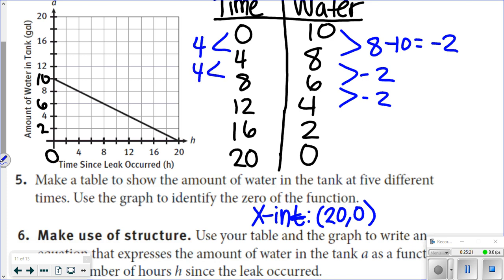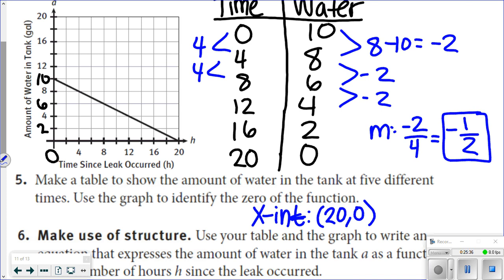So my slope here is negative 2 over 4, which is negative 1/2. Let's see if that's the case on our graph. Oh yeah, I'm going down 1 box over 2, so negative 1/2.